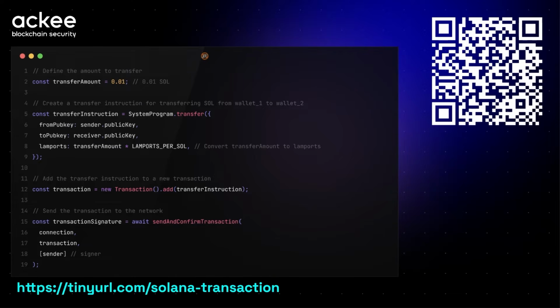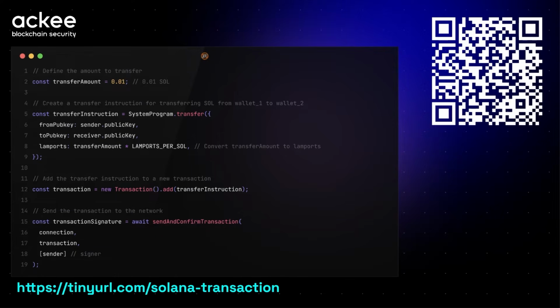The first thing is to define the amount that you would like to transfer. In this case, it is 0.01 SOL. Then create the transfer instruction for transferring Solana or lamports from wallet 1 to wallet 2, so from the sender to the receiver. From line 5 to line 9, you create the system program transfer instruction, and you specify the from public key.